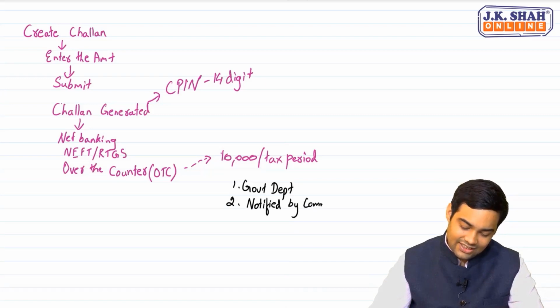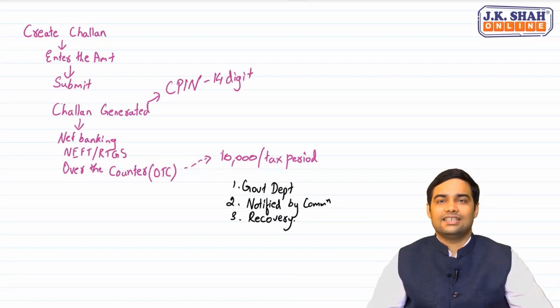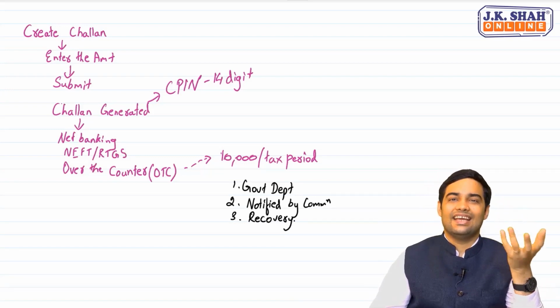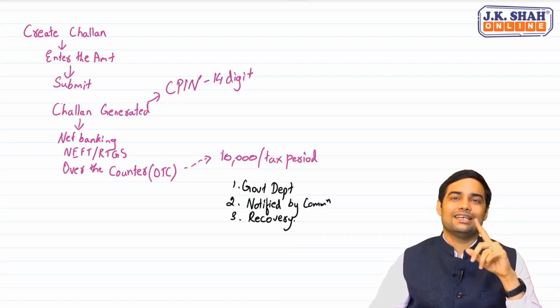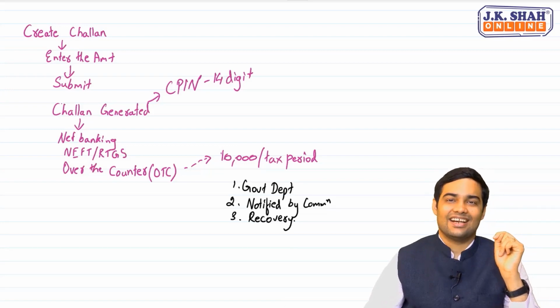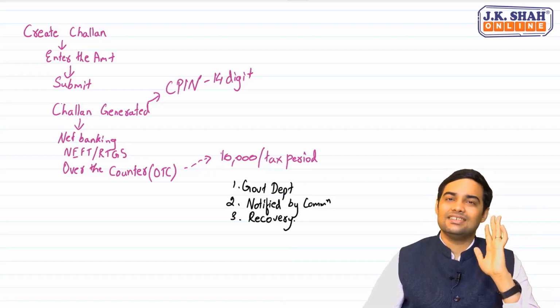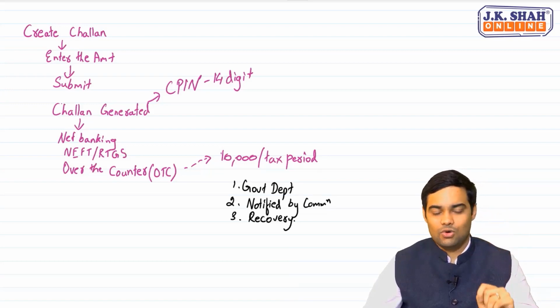And the third one is during recovery proceedings or during search, seizure, etc. Recovery proceedings where the department is recovering money. In such cases, obviously, they can recover it in cash. They don't have to first tell the person to deposit in bank account and then take a net banking transaction. So these three cases, any amount can be paid through over the counter modes.